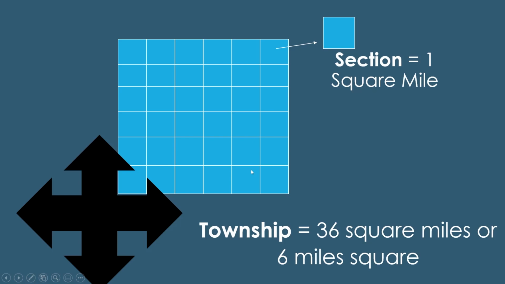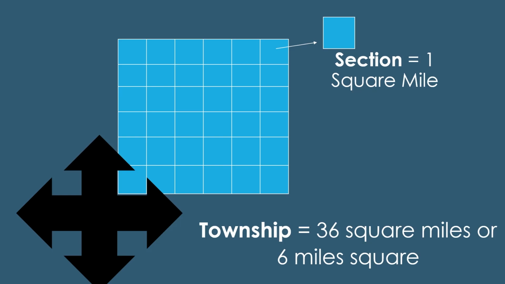And so that's how we get the 36 square miles versus 6 miles square. And this is a township. Now, a township is broken down into these 36 square miles, and 1 square mile is a section. So 1 section is 1 square mile. There's 36 sections within 1 township.